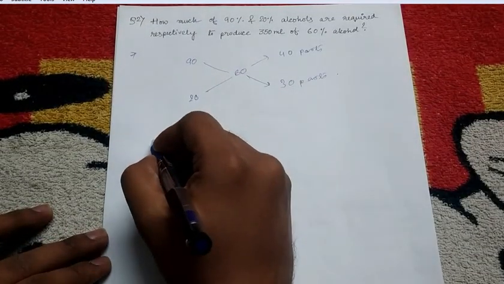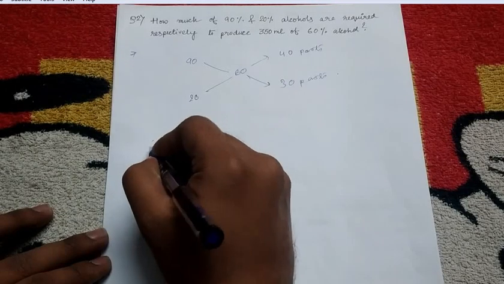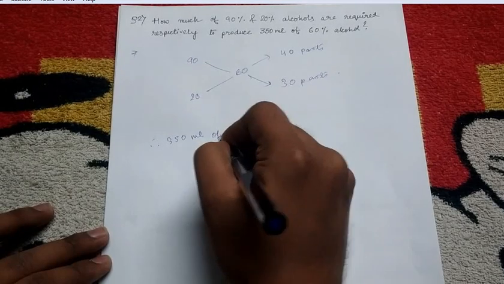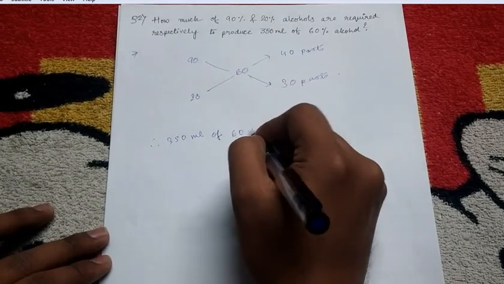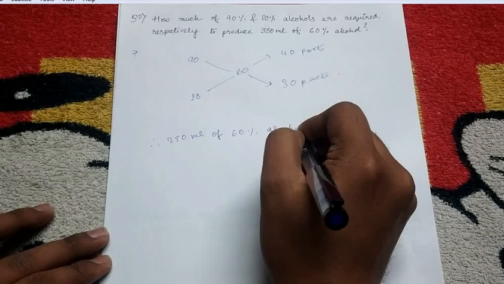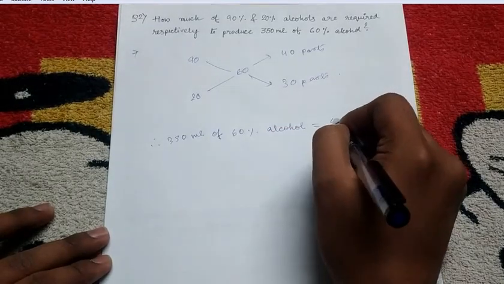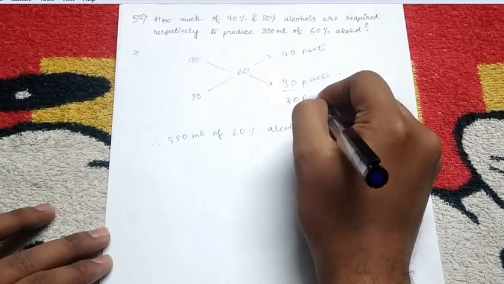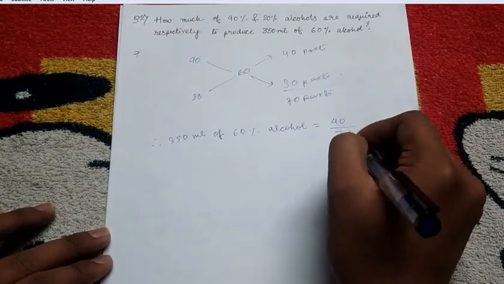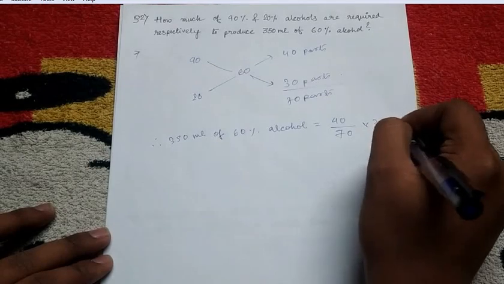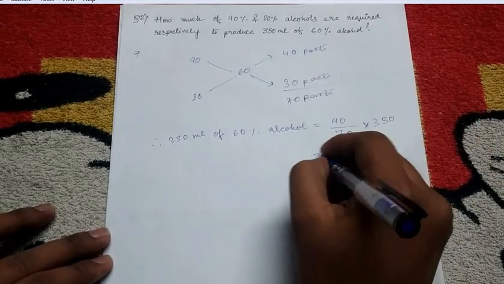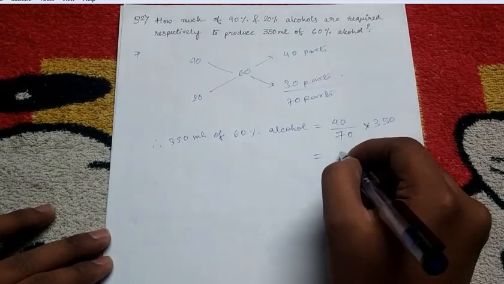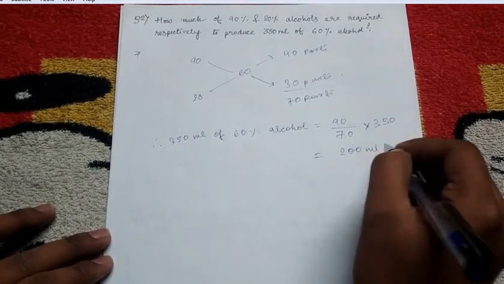Now 350 ml of 60% alcohol requires 40 by total of 70 parts. So 40 by 70 into 350, to get 200 ml.